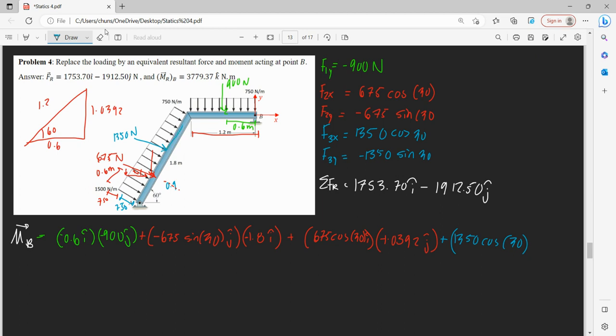So if we were to draw a triangle like this, for blue, half of 1.8 meters is 0.9. We have 60, so sine 60 times 0.9 is 0.7794, and 0.9 times cos 60 is 0.45.